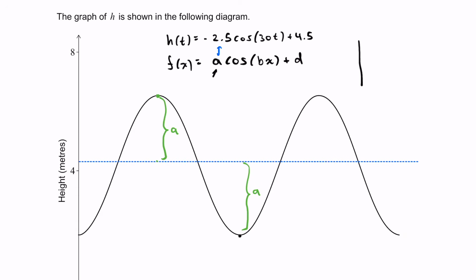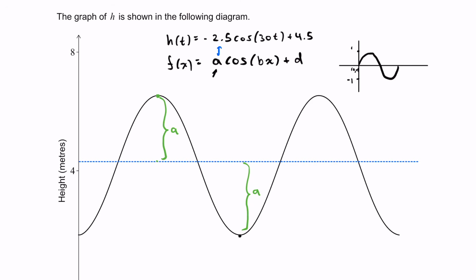By default, our sine function has max 1, min -1, and starts at the origin 0, 0. But that's not going to suit all of our real-world situations. Sometimes we're going to want to shift this function up or down. And that's what this value of d does.